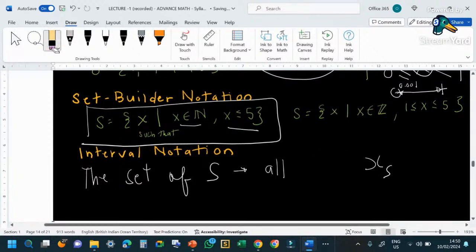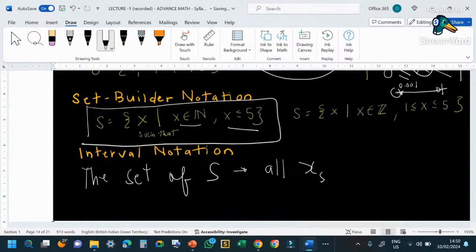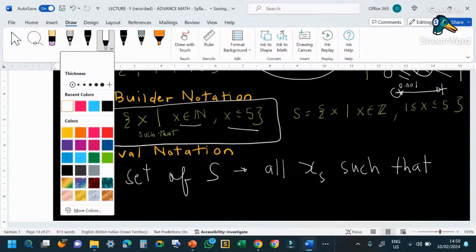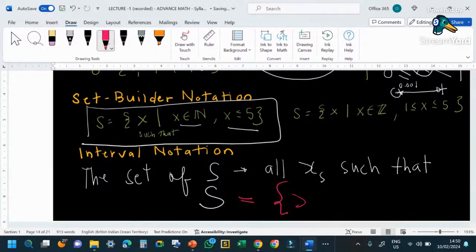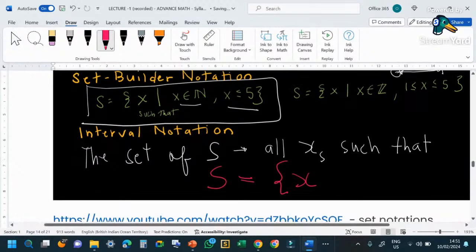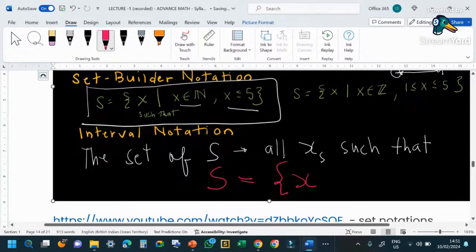That could be possible. The set of S is all X's such that, there you go. So if we're going to interpret this, it will be the set of S is all X's, I repeat, to read S is equal to curly bracket S.